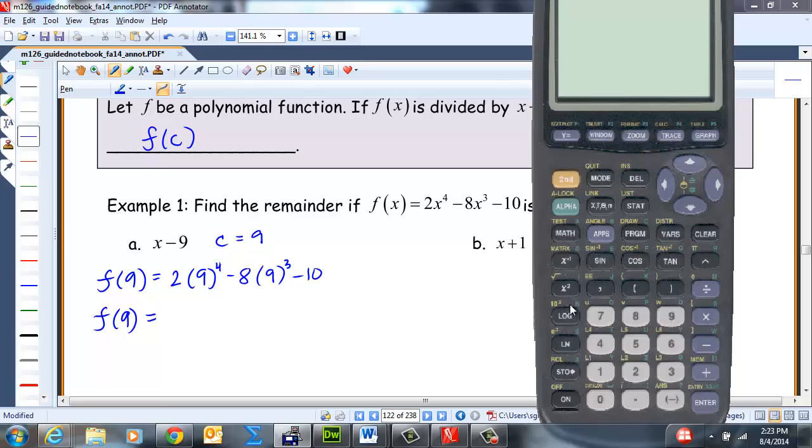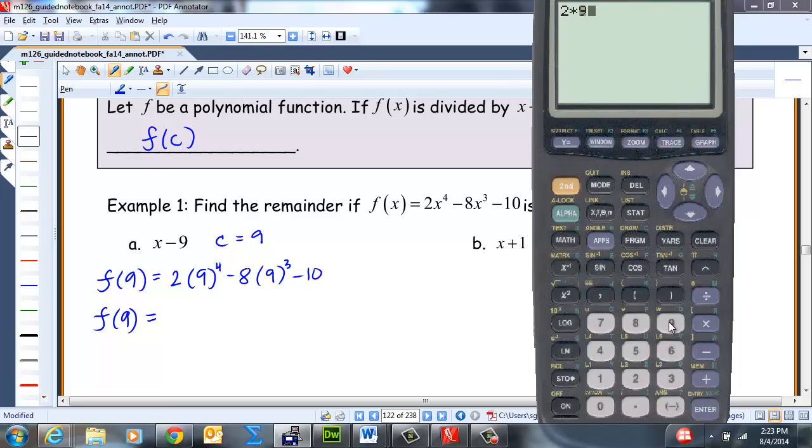So let's see, we had 2 times 9 raised to the 4th minus 8 times 9 raised to the 3rd minus 10 is equal to 7,280.